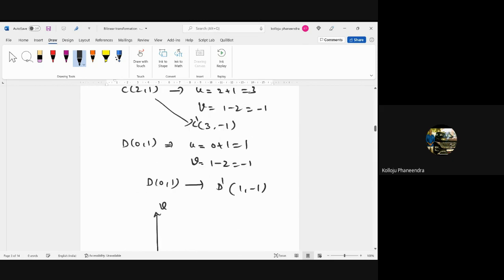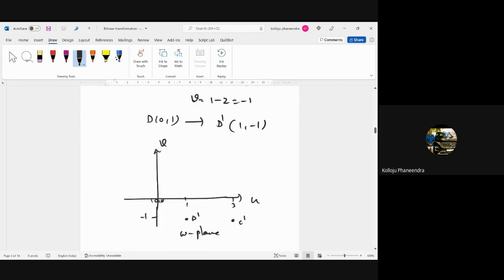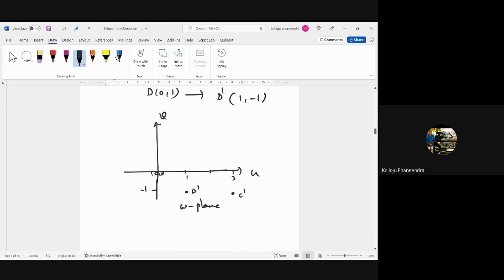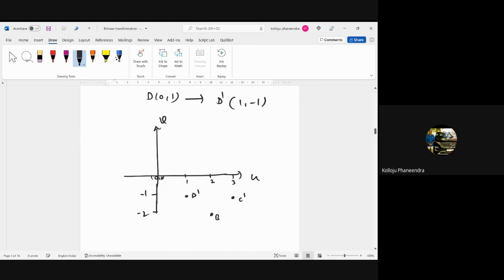Next point is what? 1 comma 0 maps to 2 comma minus 2. Where is 2 comma minus 2? This is 2 and this is minus 2. So this is the point 2 comma minus 2, and the last point is B dash, right? This is D dash.